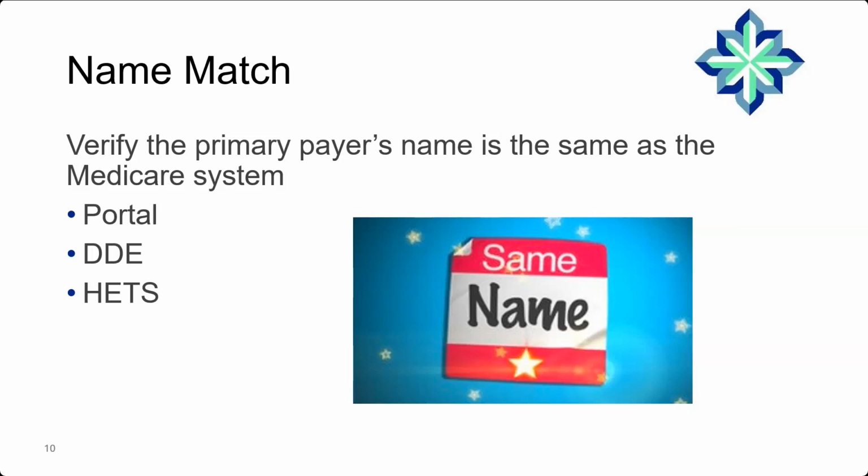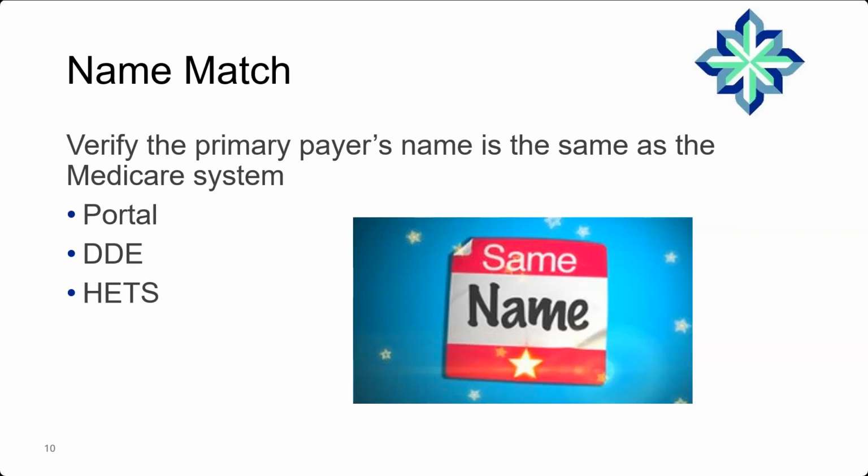Why is that important? If the name is not an exact match, it will cause the system to add it to the file. If it adds it to the file, we talked earlier about what happens.